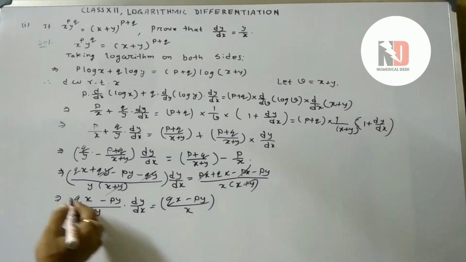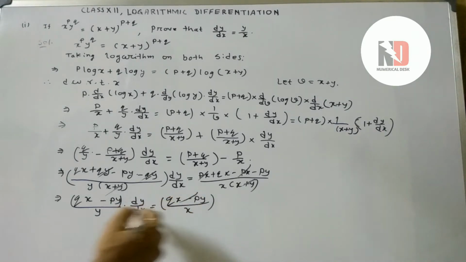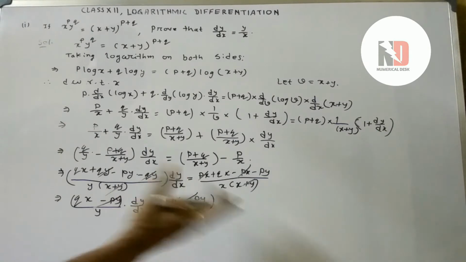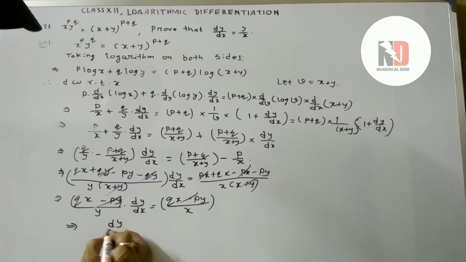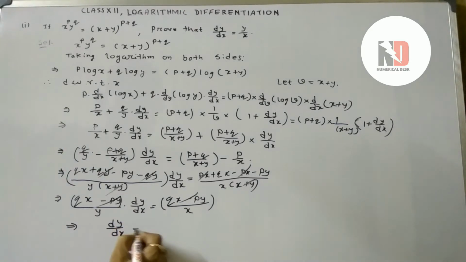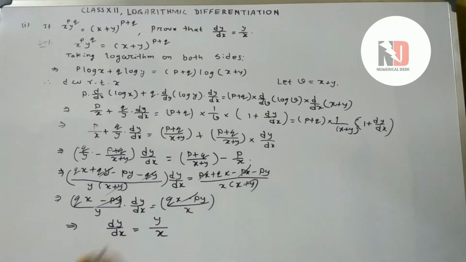So the numerators on both sides are cancelled. Very interesting, this part. Now dy by dx equal to, I think the proof follows directly from this step, is equal to y by x. So this is proved. Hope you have understood this sum.